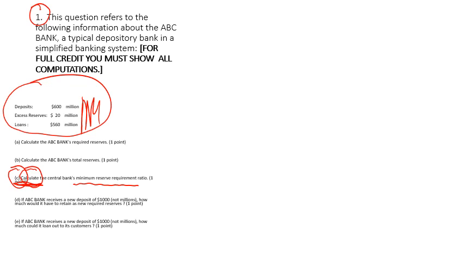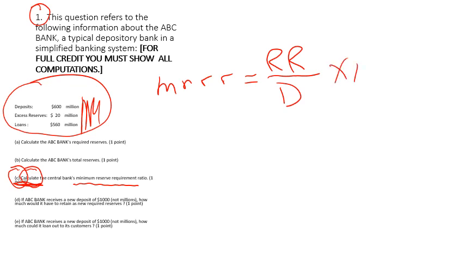So let me proceed. How do we do that? MRRR, minimum reserve requirement ratio, is equal to RR, that's required reserves, divided by D, that's deposits, times 100. Because we want a percent, right? The minimum reserve requirement ratio is a percent. So what are required reserves?